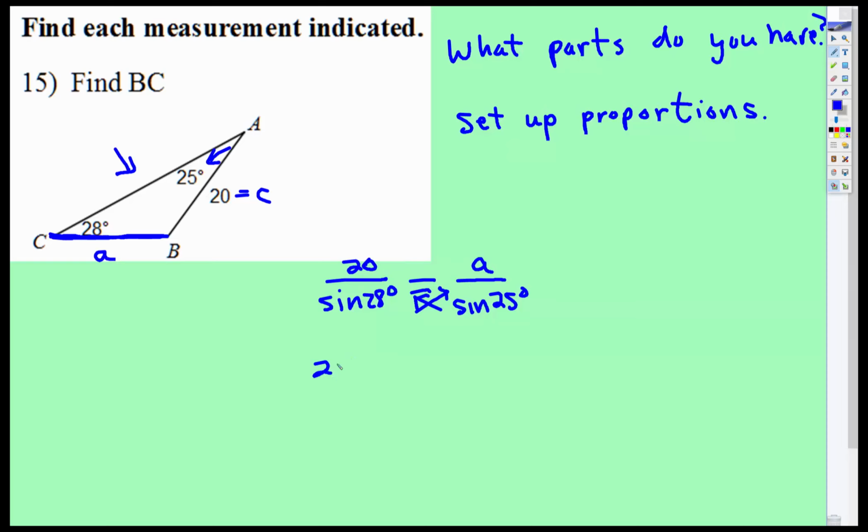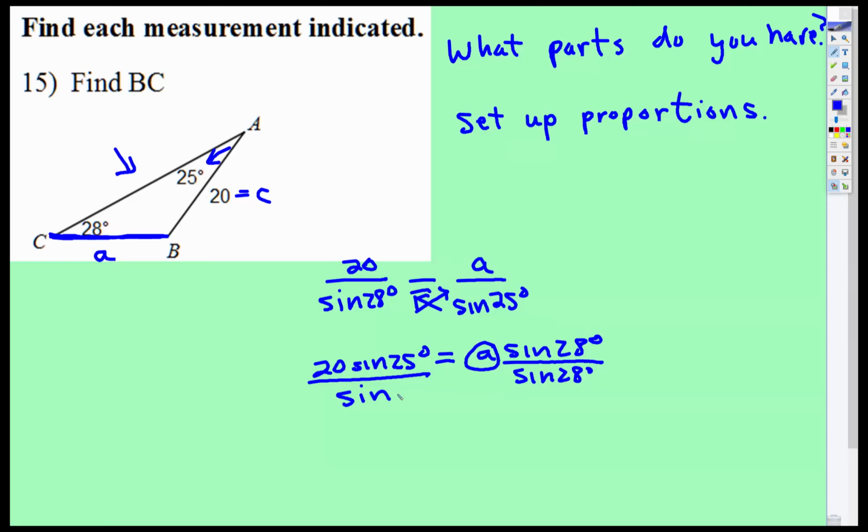So we have 20 times the sine of 25 degrees is equal to A times the sine of 28 degrees. But wait a second, we want to get this A by itself, and it's attached by multiplication. The undoing of multiplication is division, or multiplying by the reciprocal.